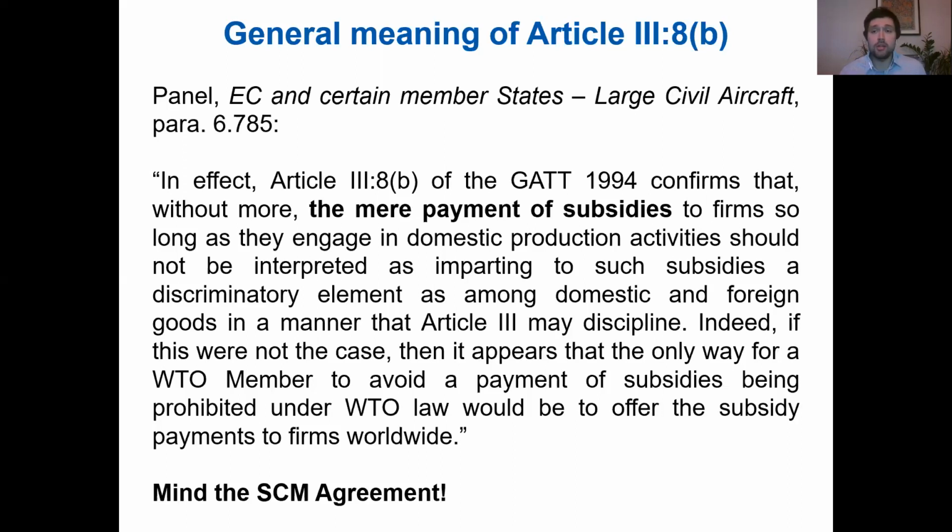The SCM Agreement does introduce restrictions on subsidies even to domestic producers, and it will not be permitted to pay subsidies which will be contingent on export performance, nor will it be permissible to introduce subsidies that will be dependent on import substitution, on the use of domestic over imported goods. But this is not what we are interested in now.